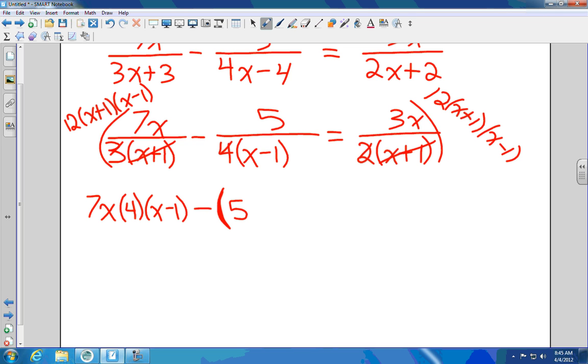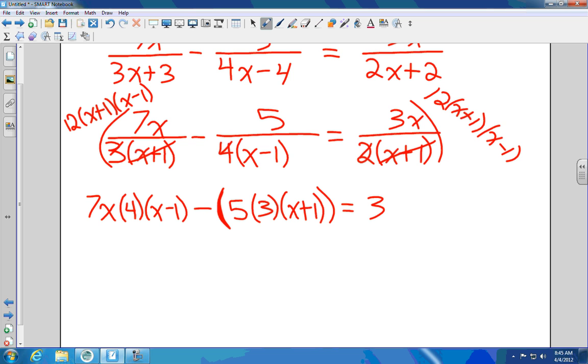That's what we're multiplying by. And we've got to take the 4 times what to get 12? 3. And which one of the other factors is missing? The x plus 1. And close all of that. All of that's inside there, and the negative has to go into it.